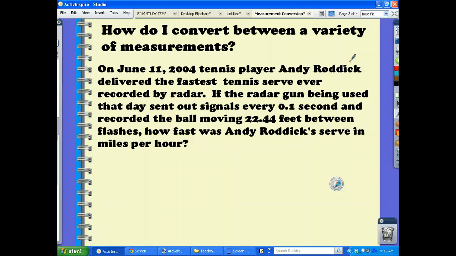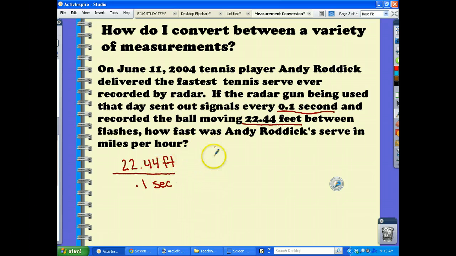Alright, I actually have a couple different conversions I have to make here. The first thing I want to do is look at what information it gives me. I know they say the ball is moving 22.44 feet per 0.1 second. So I'm just going to take that and write that down. 22.44 feet per 0.1 second.